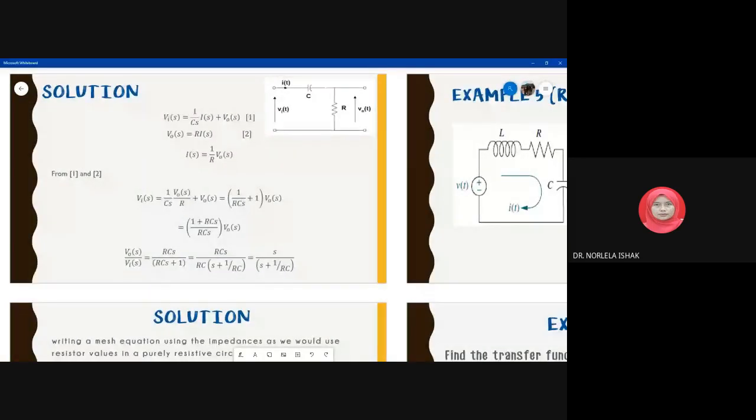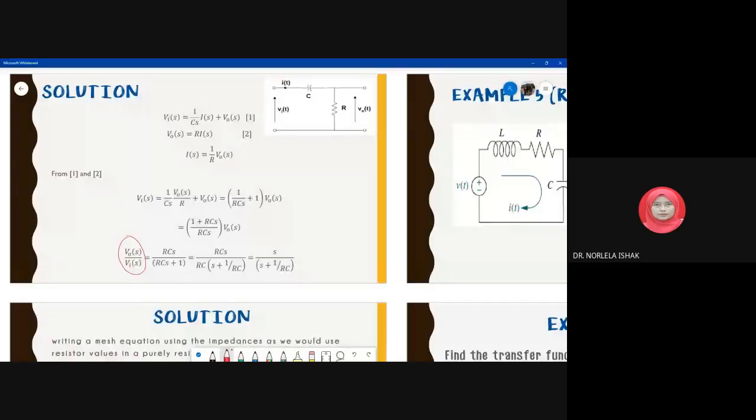That's similar to the previous circuit, but I just redesigned it, replacing C and R.